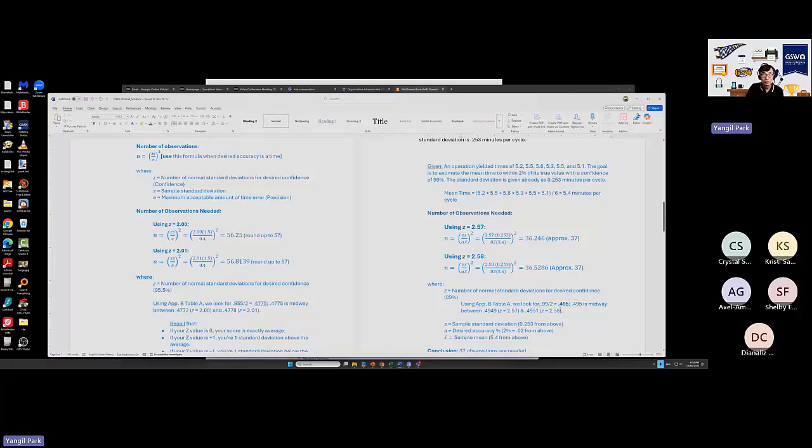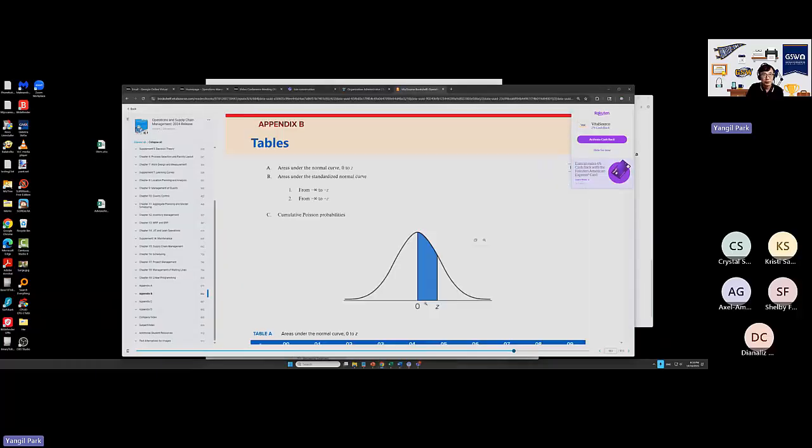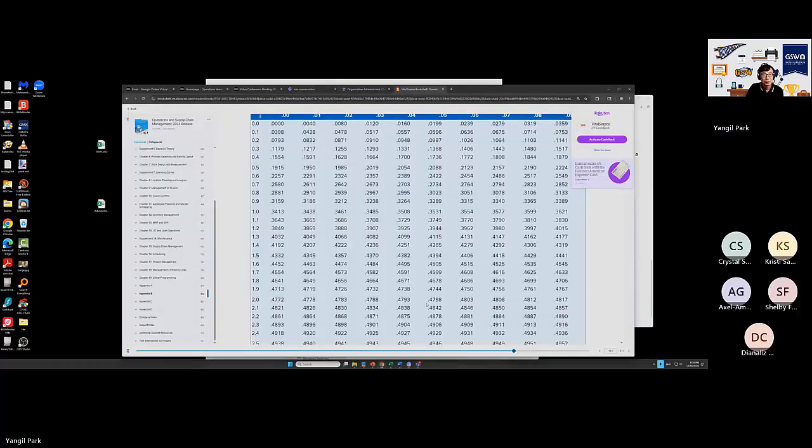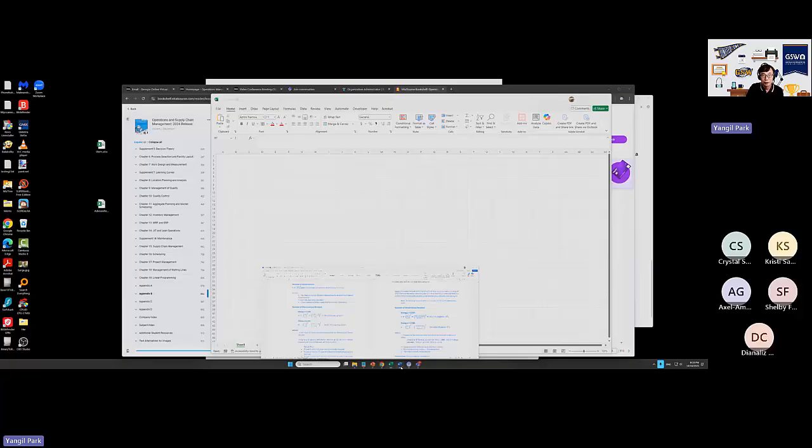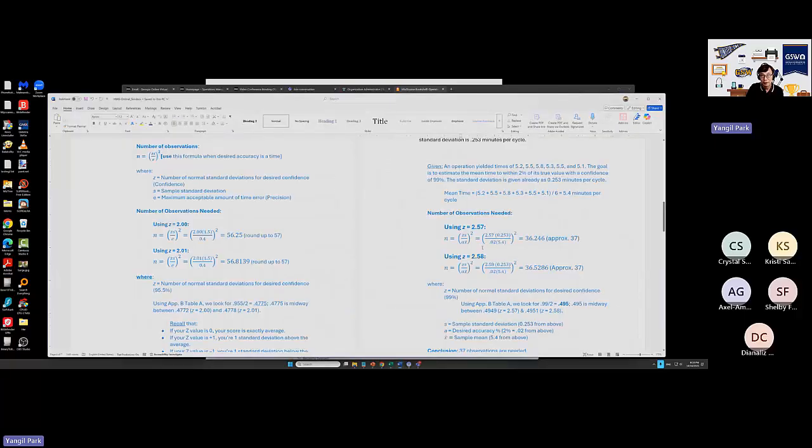So we're going to find it from, again, the z-score table, which is somewhere here, so that we can plug in 2.57, 2.58. Actually, the number was 0.495, right?